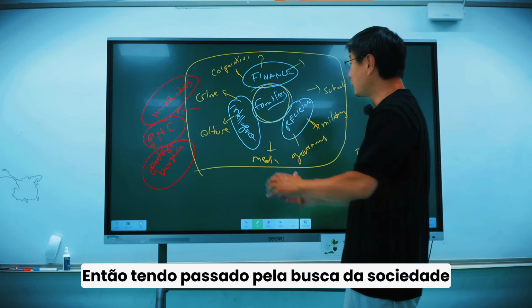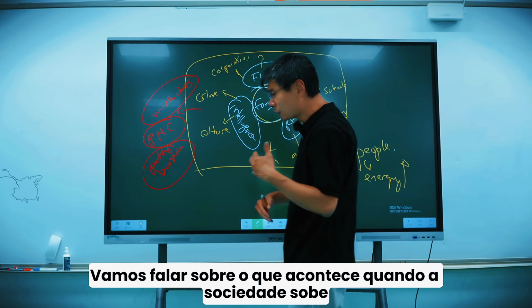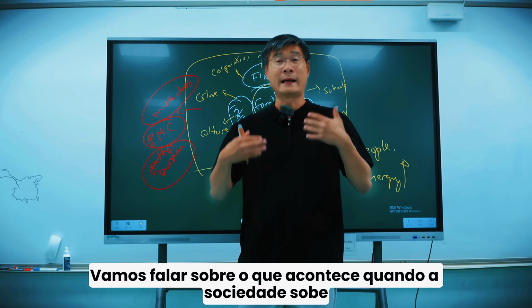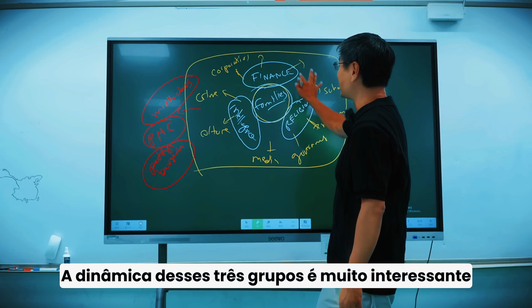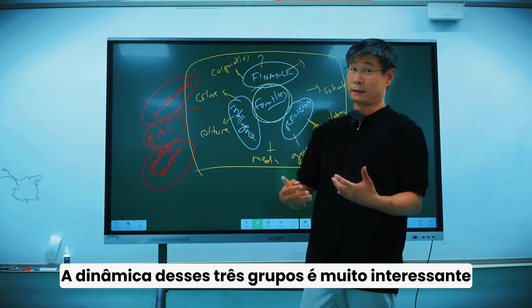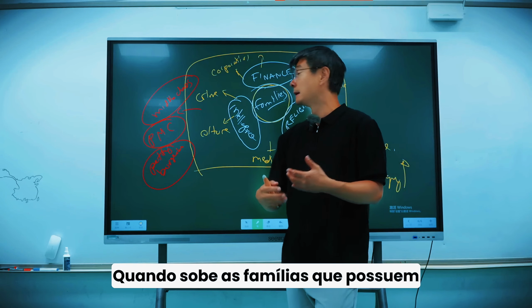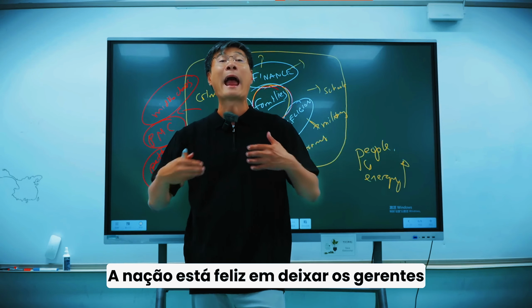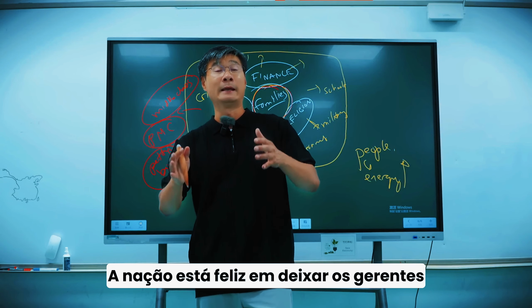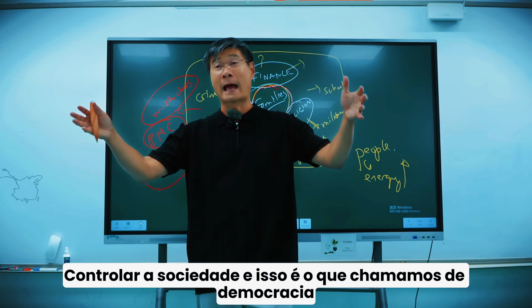So having gone through the structure of society, let's talk about what happens when society rises and falls. When it rises, the dynamic of these three groups is very interesting. The families who own the nation are happy to let the managers control society.